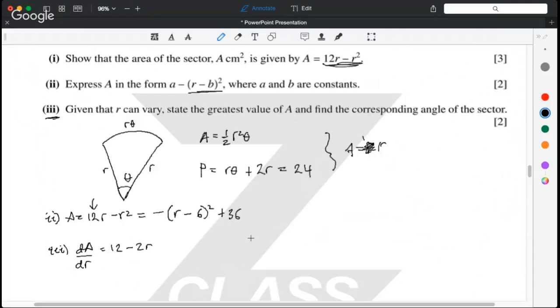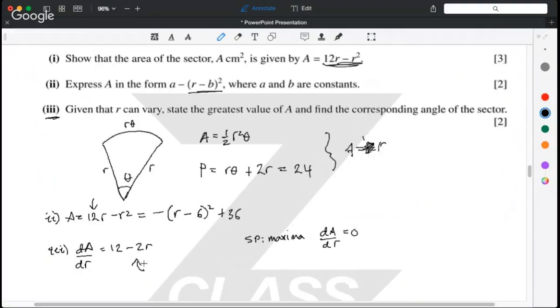And stationary point, maxima, dA/dr is equal to 0. Now, in fact, maxima or minima, any stationary point will have dA/dr equal to 0.